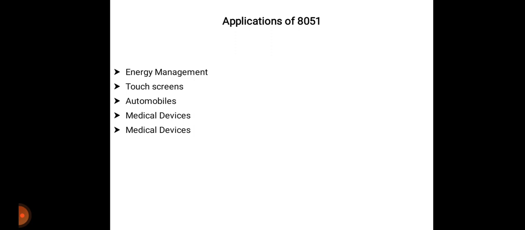Some applications are like energy management. In energy management, competent measuring device systems aid in calculating energy consumption in domestic and industrial applications. These meter systems are prepared with integrated controllers.